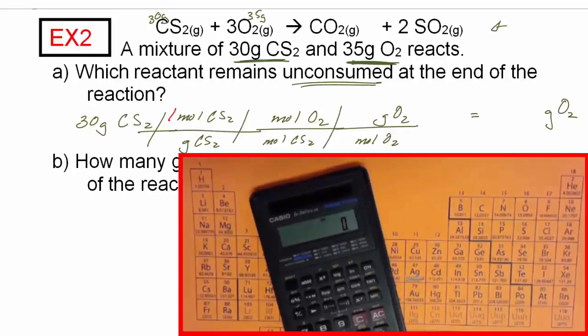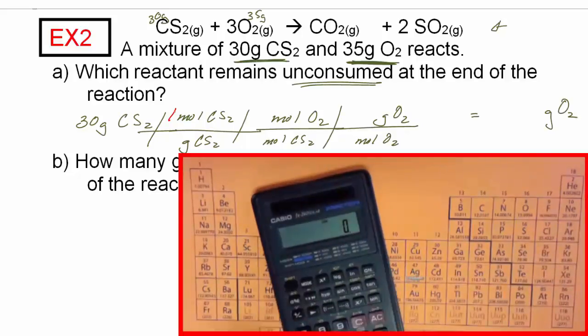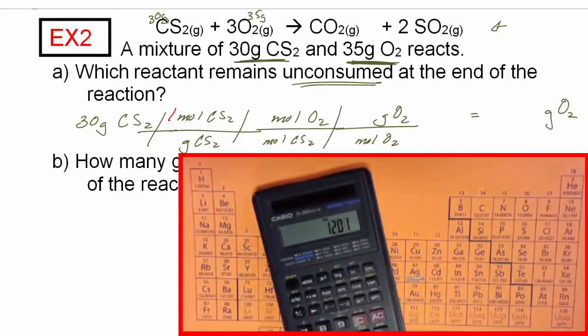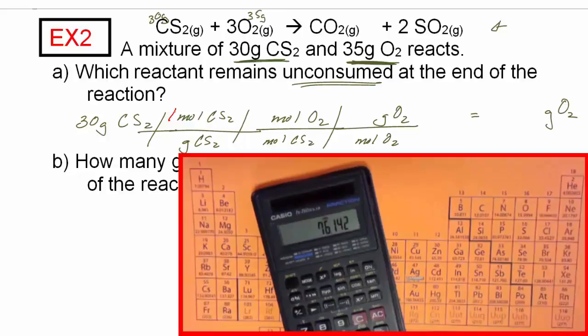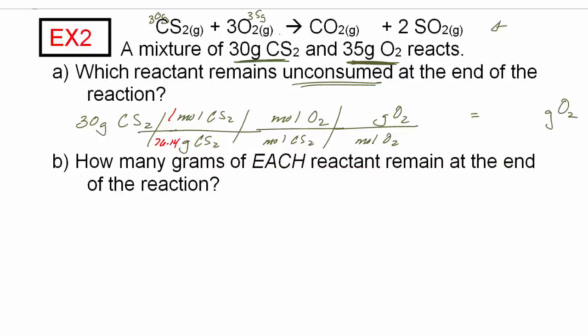So in 1 mole of carbon disulfide, I've got 12.01 plus 2 times 32.066, about 76.14, and I've got 3 moles of oxygen for every 1 mole of carbon disulfide.